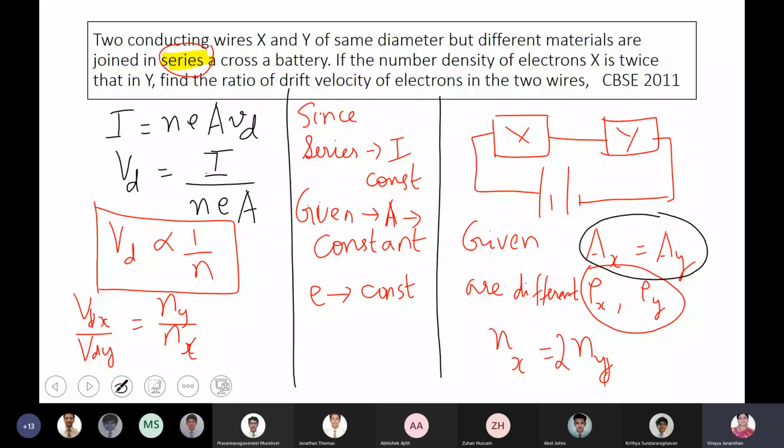It's 1:2. Boys, are you getting 1:3? I'll write this. So this will be NY divided by 2NX, NY. So it is 1/2. CBSE 2011. Even recently we got this question. It's 1/2.